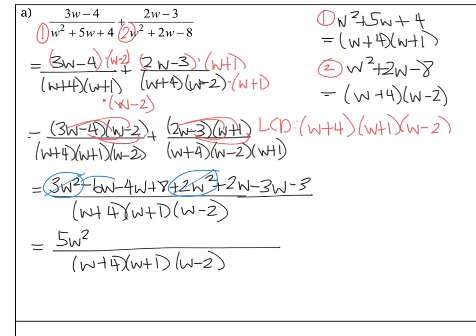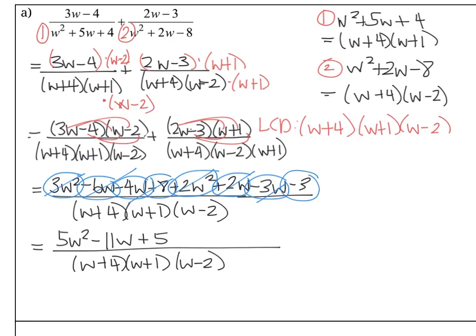Then we've got negative 6w minus 4w plus 2w minus 3w, which is going to give us negative 11w. And then we're just left with plus 8 minus 3, which is going to leave us with plus 5.